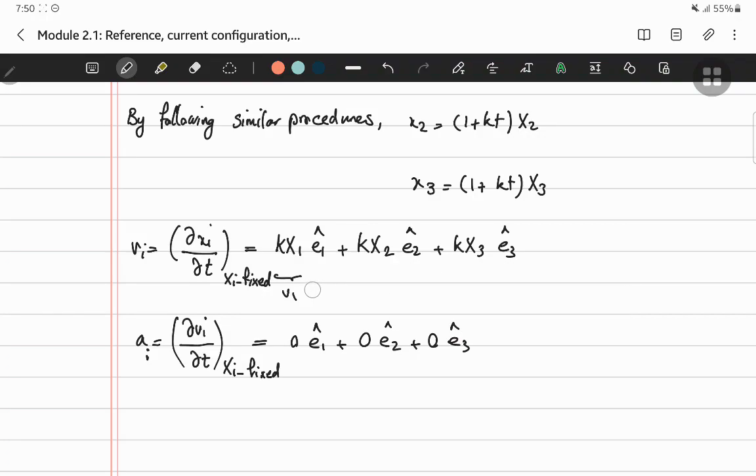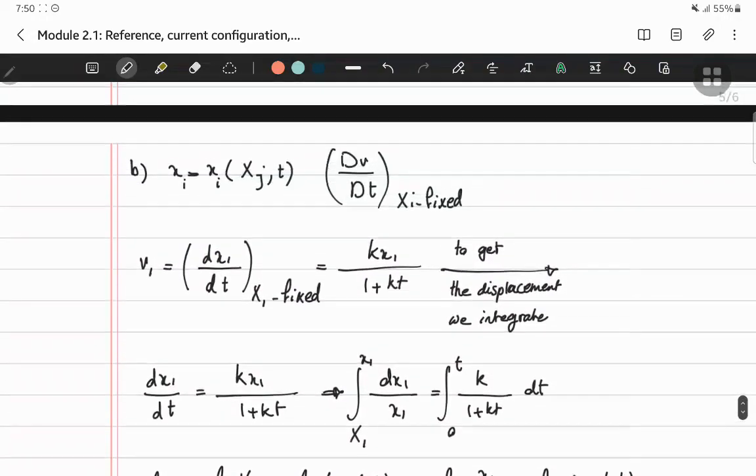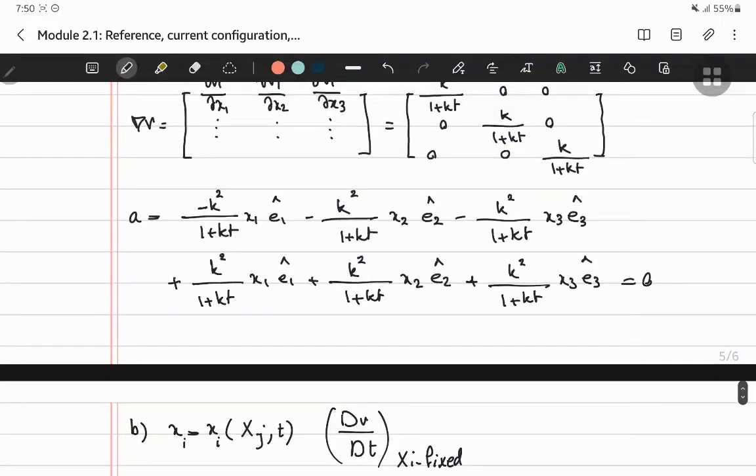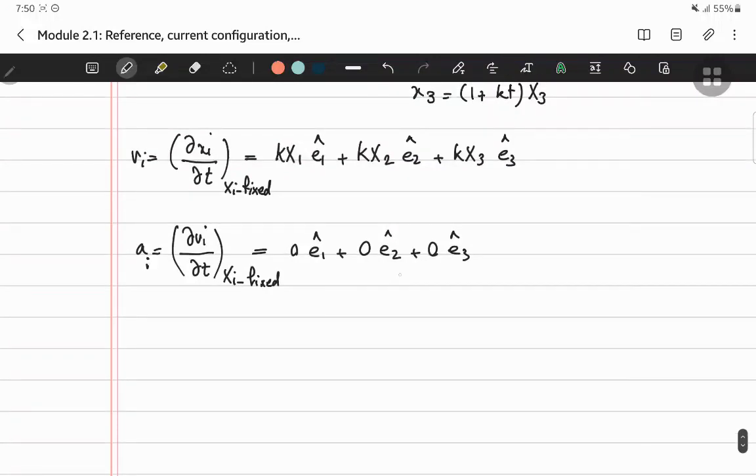So you see that here we get the same result, 0 e1 plus 0 e2 plus 0 e3, as we had in the spatial description. So they are equivalent and they give the same result.